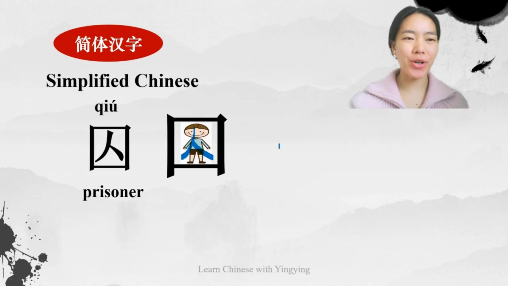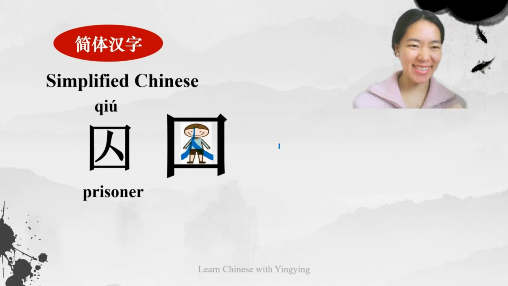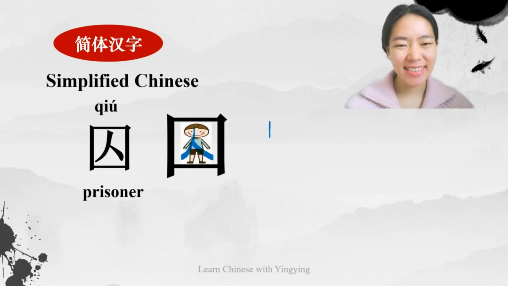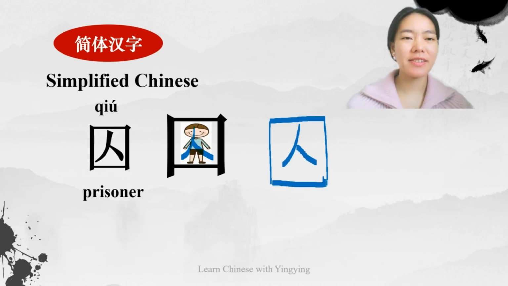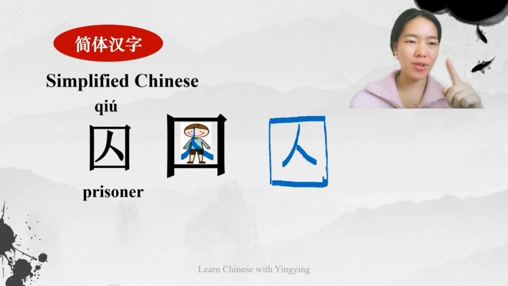Let's write the word together. Remember our rules of writing: from left to right, from top to bottom, from outside to inside. So this is the word 囚. 囚, it means prisoner.